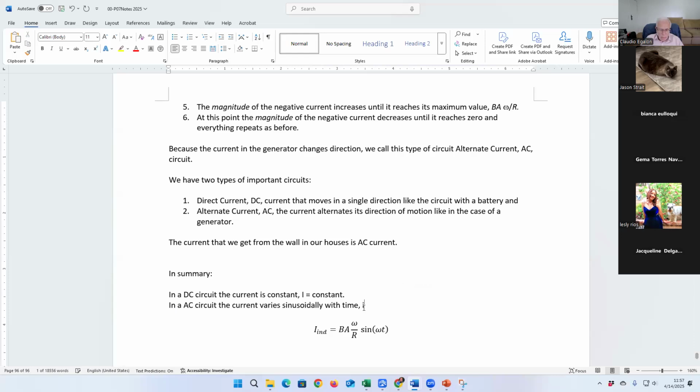For an AC current, we usually represent the current with a lowercase i instead of uppercase.